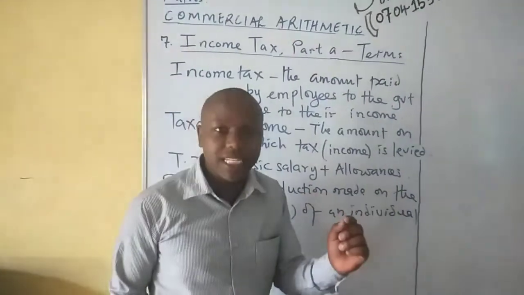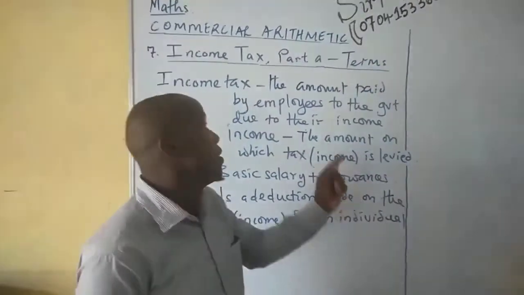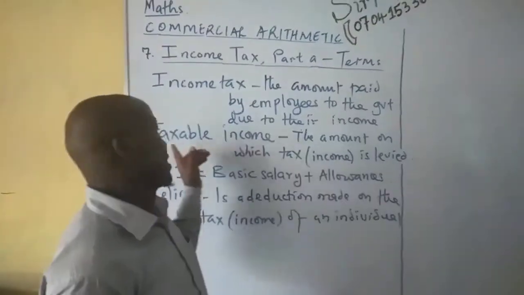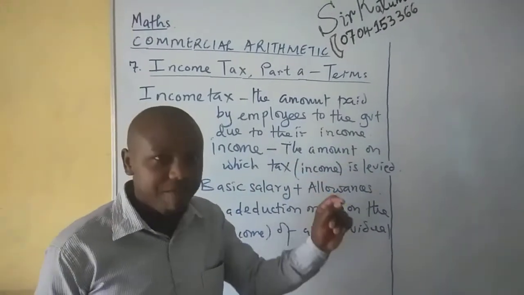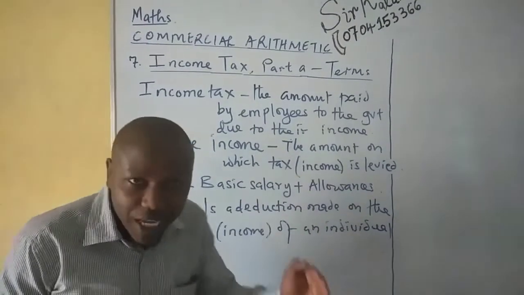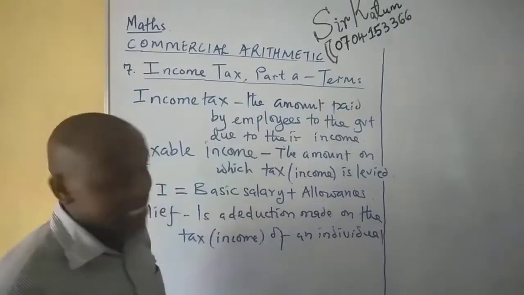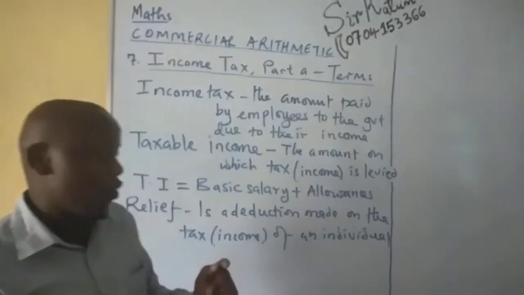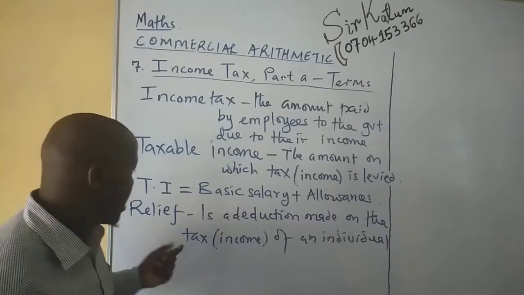Sometimes the government might not take the whole figure we've calculated. Therefore, the government might give you a favor by allowing you not to pay some part of the income tax. And that part which you have been allowed not to pay is called a relief.